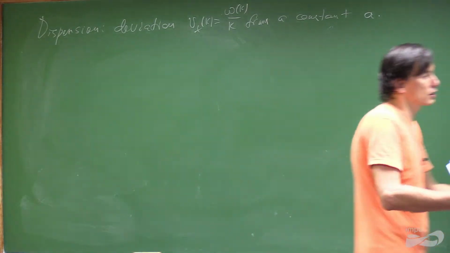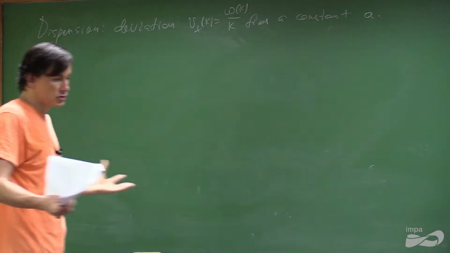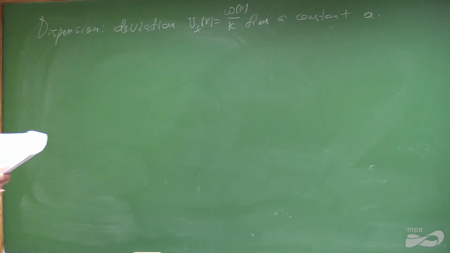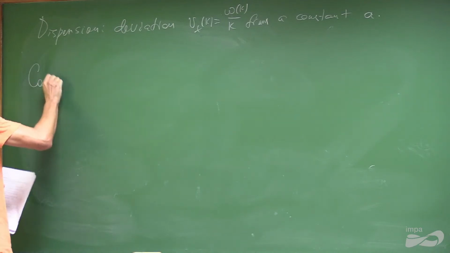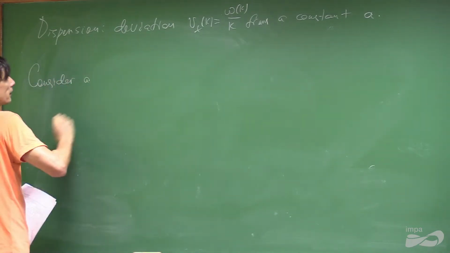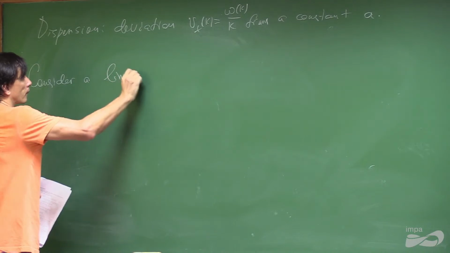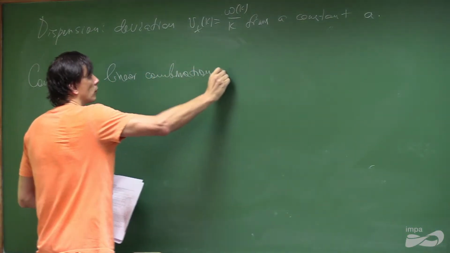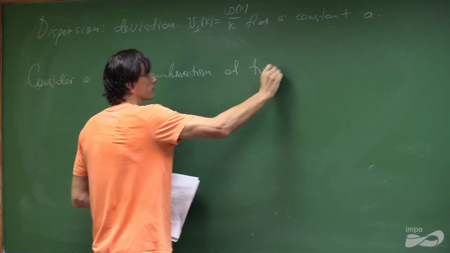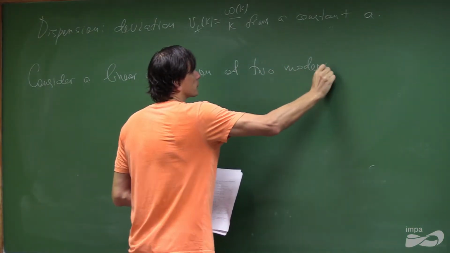So if you start with a linear combination of different cosines, they will move differently. So what does it mean exactly? Let's consider a linear combination of two modes, so two different k.